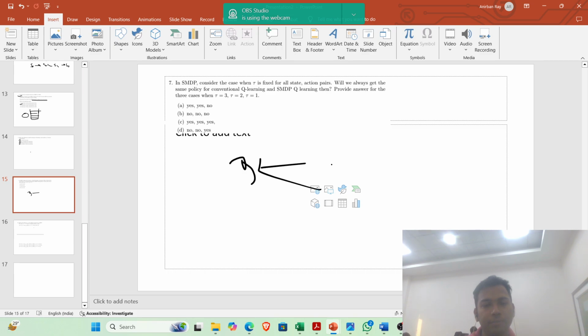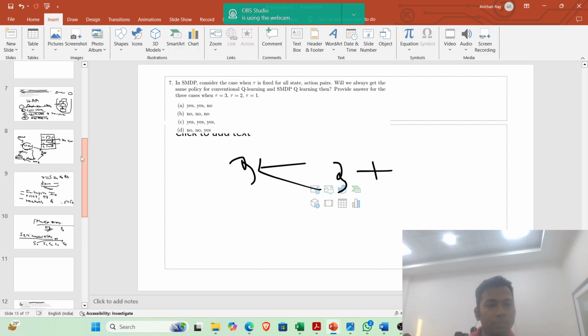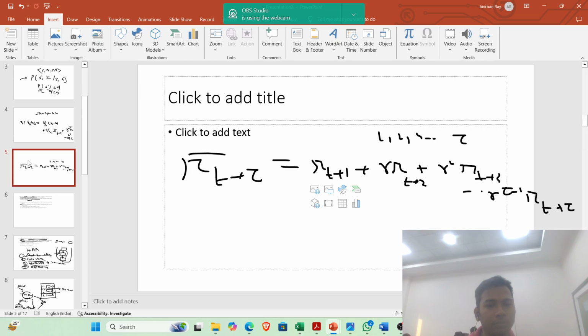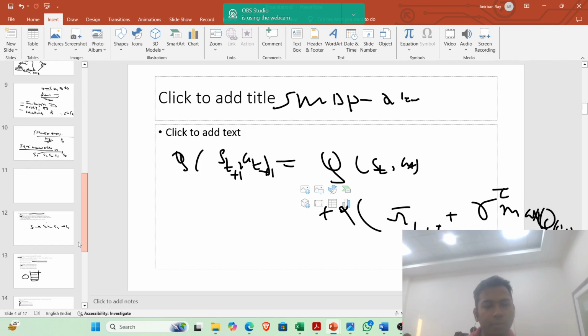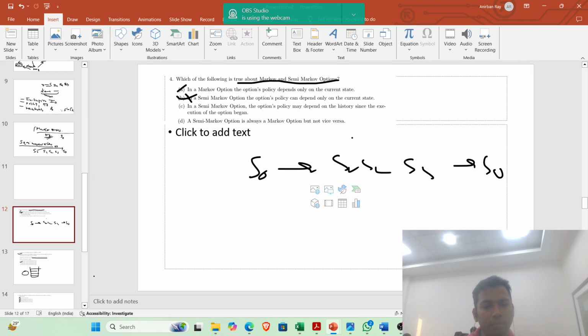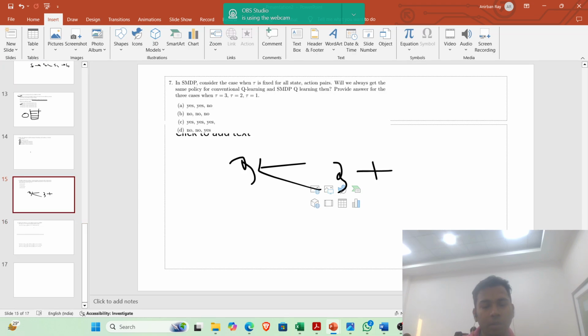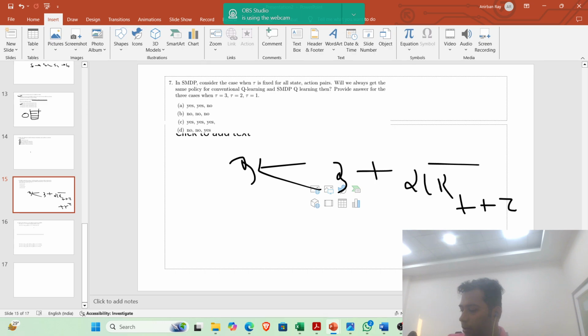So this is Q. The formulation is alpha times R_t plus tau cap plus gamma^tau times max of Q(S', A') with respect to A', and then minus Q(S_t, A_t).